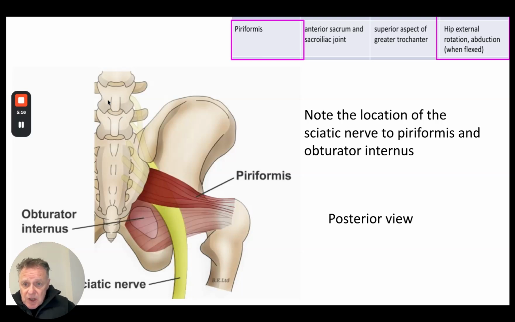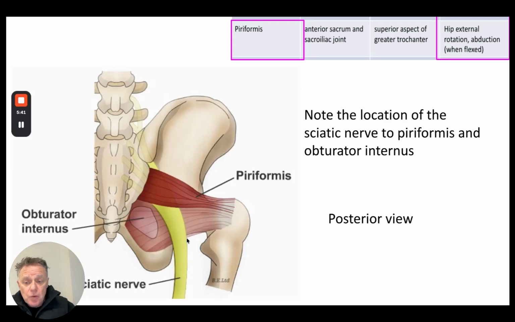If a disc prolapses in the low back, it can put pressure on the sciatic nerve here. But by the same token, if the piriformis muscle is excessively tight, it can compress the sciatic nerve here. So sciatic nerve compression here for a disc pathology, sciatic nerve compression here for piriformis syndrome. Both create the same symptomatology.